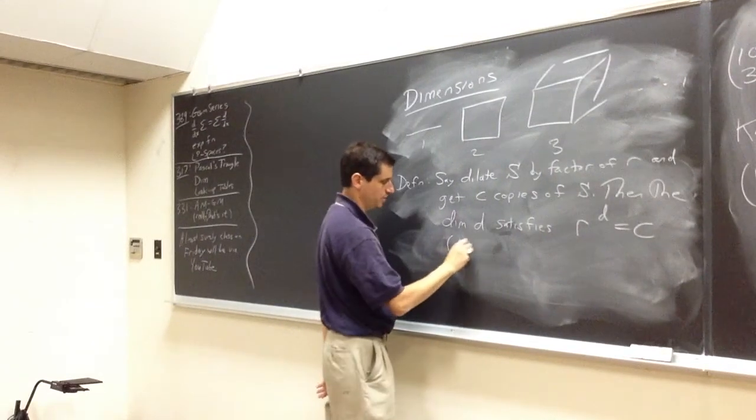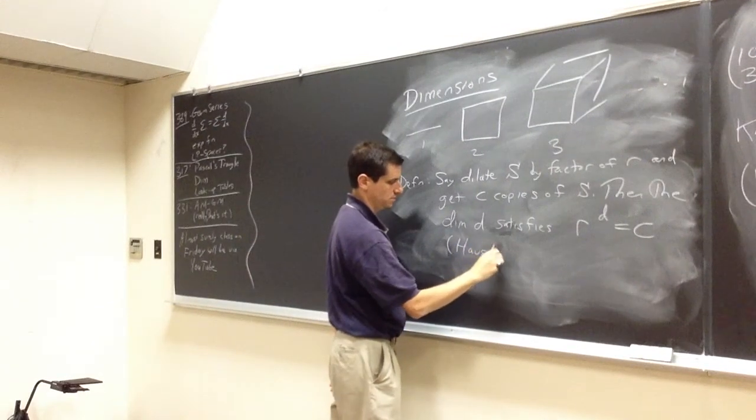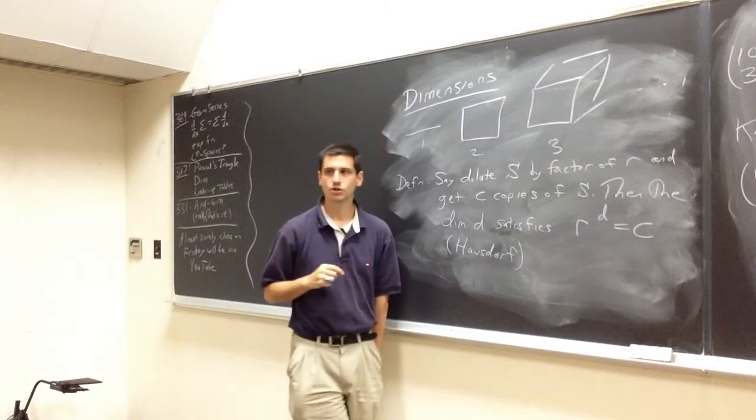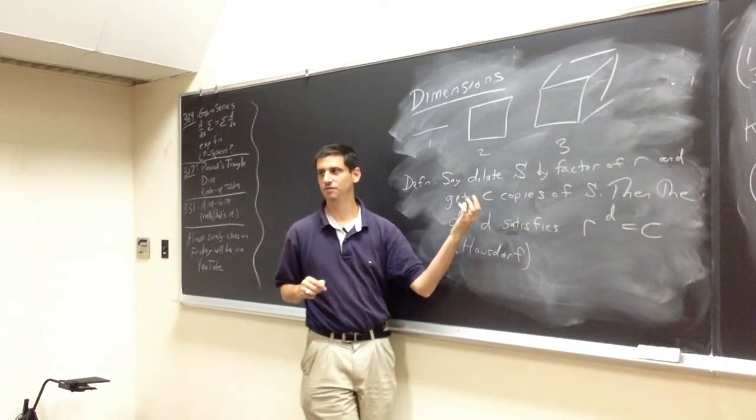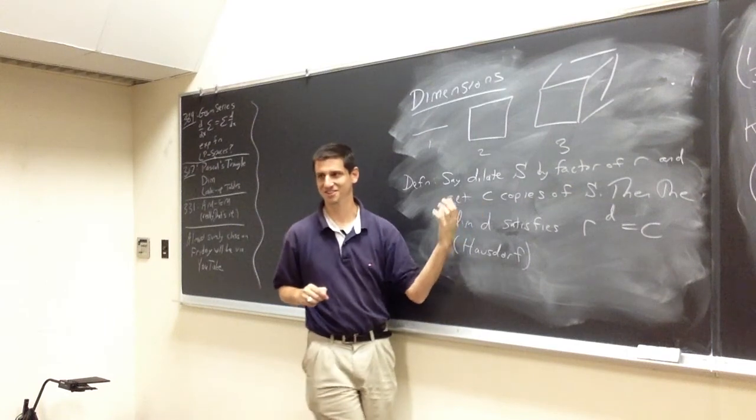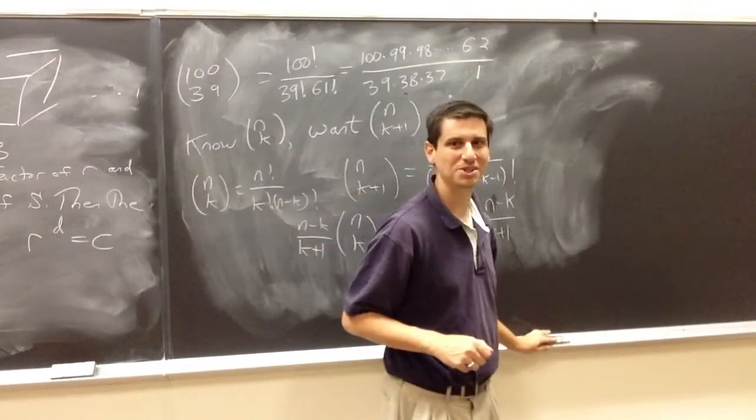This is the Hausdorff dimension, essentially. How many of you have seen a definition like this before? Excellent. Finally found something that people have not seen, or at least not publicly admitting.